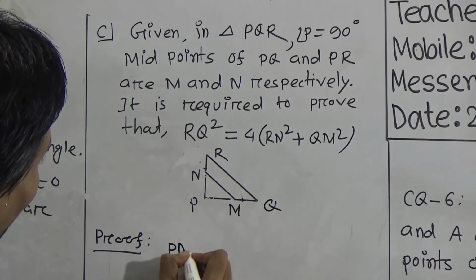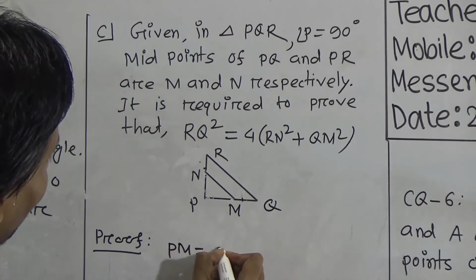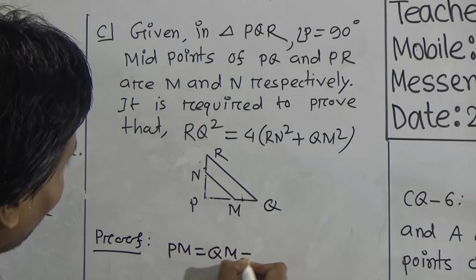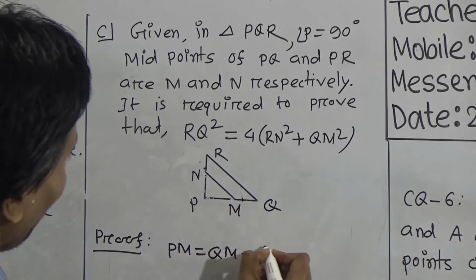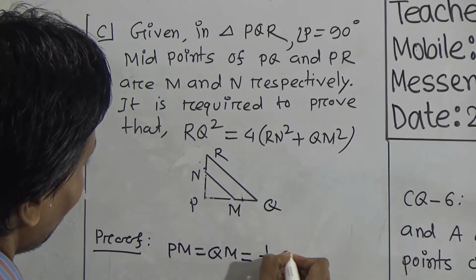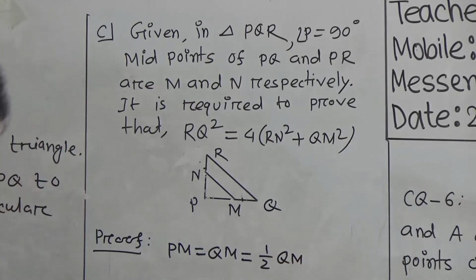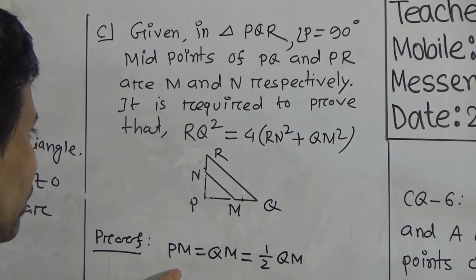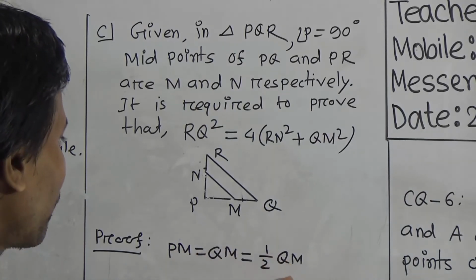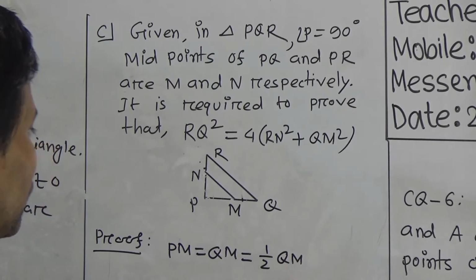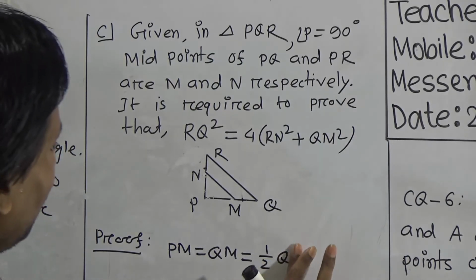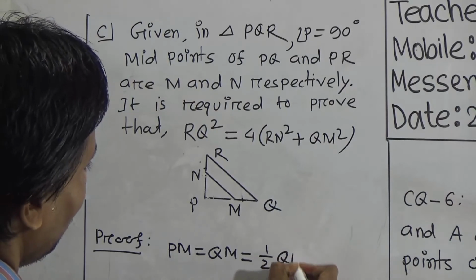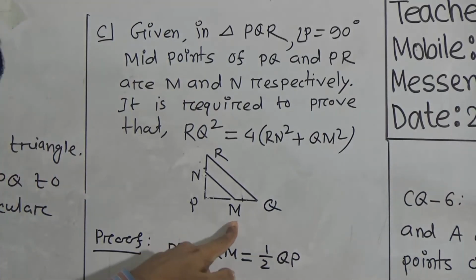PM or QM equal to half of QP, because M is the midpoint of PQ. Look, M is the midpoint of PQ.